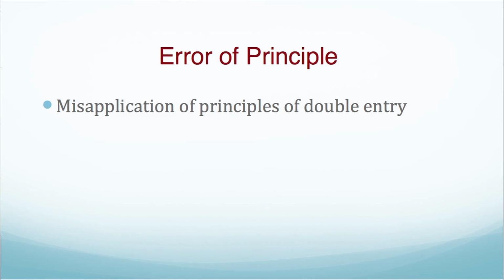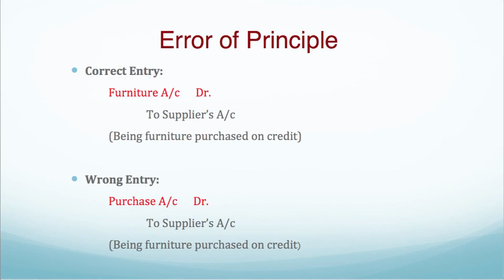Errors in principle. This type of error arises from misapplication of the principles of double entry system. So this will not affect your trial balance, but it will affect the final account. For example, if we record the credit purchase of furniture in the purchase account, then the entry will be there, but your final account will give some wrong information irrespective of the fact that the trial balance is agreed.